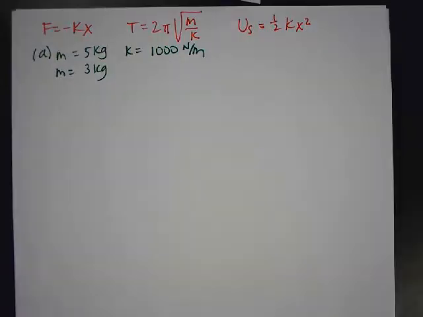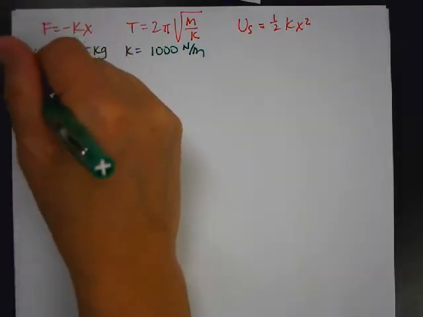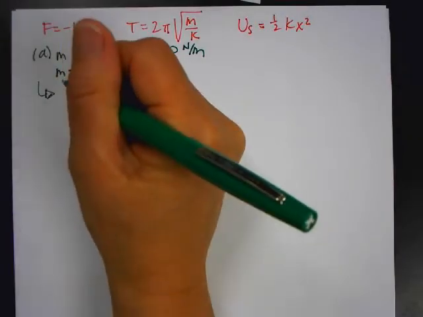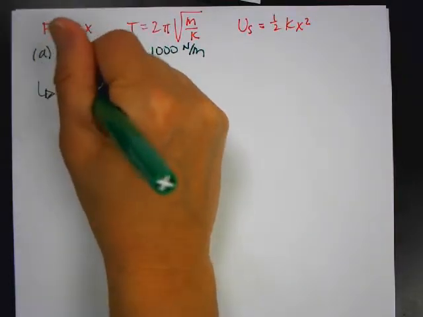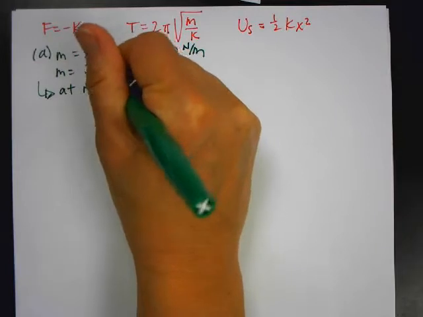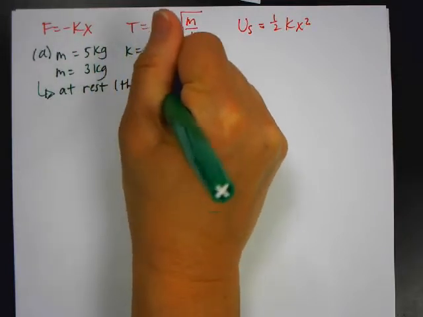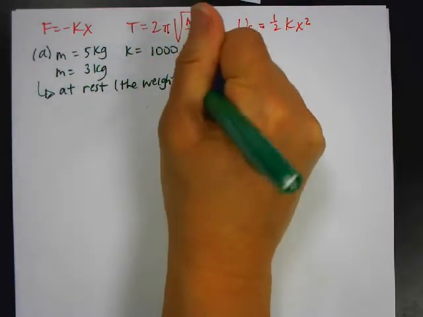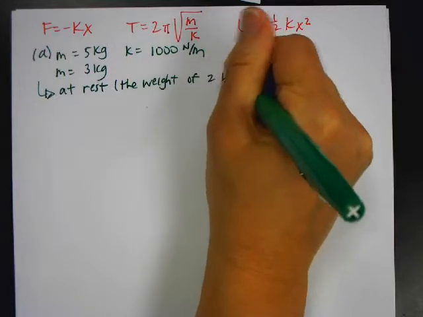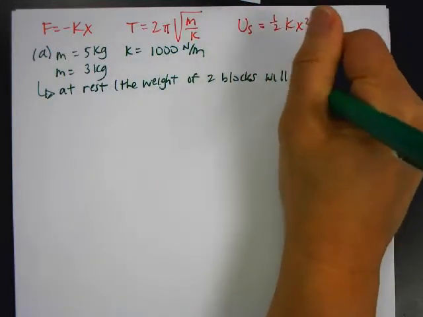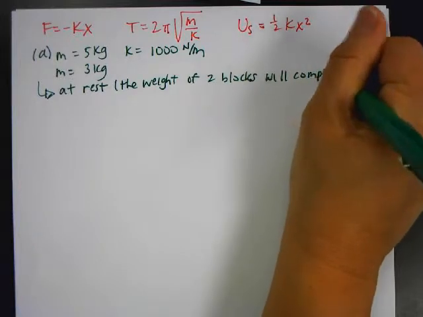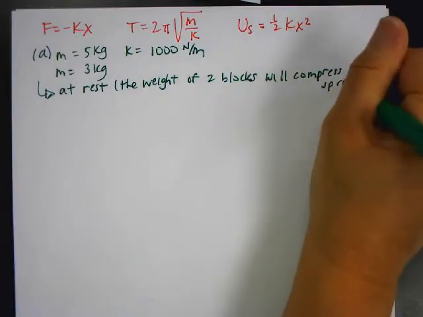So for part A, we know that at rest, the weight of the two blocks compress the spring, which means we have to add them together. And of course, you don't have to write that.